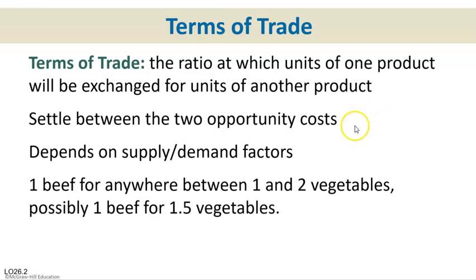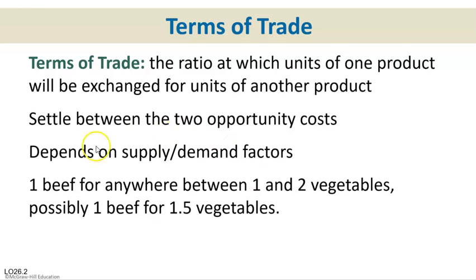They're going to choose somewhere between the two opportunity costs. In real life, this is dependent upon supply and demand factors, and we're not looking at that graph right now. So we're just going to have a range, not a precise trade. The range is going to be between the two opportunity costs. We just solved for the opportunity cost in the U.S., where for one beef, the opportunity cost was one vegetable.